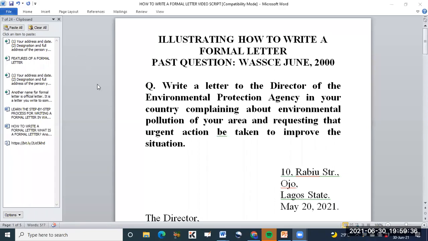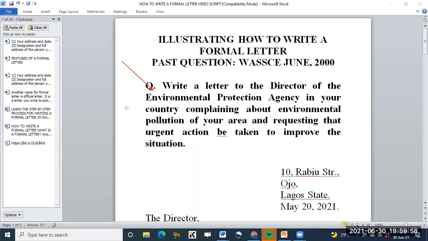So here we are illustrating how to write a formal letter. And the past question we want to look at is the West African Senior School Certificate Examination of June 2000. Let's look at the question. So you can see the question we are going to treat.